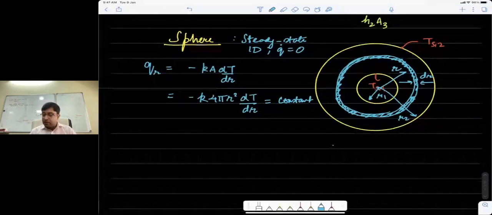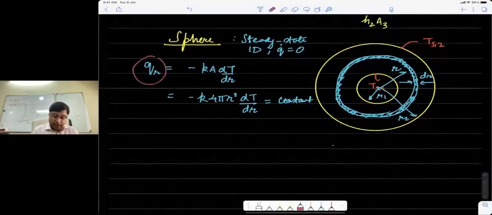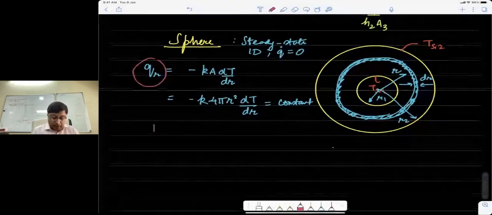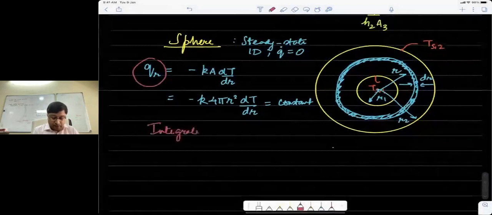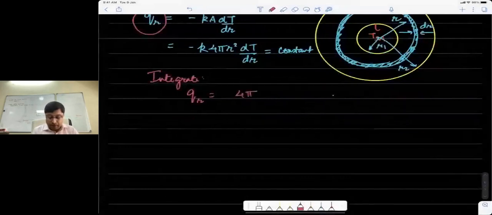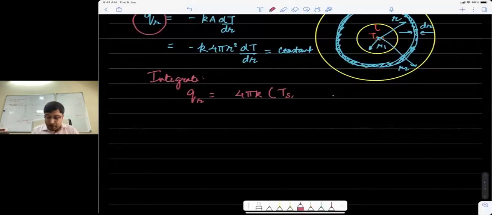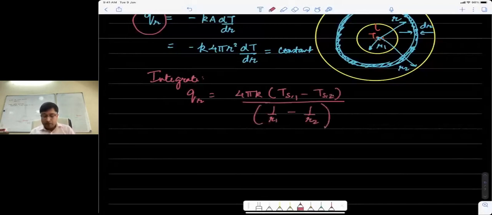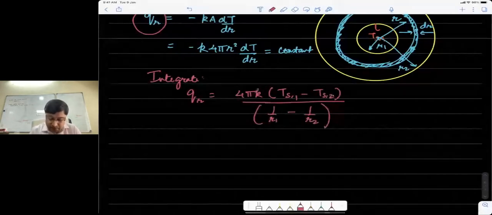So we can use this to integrate. Knowing that Qr is a constant, I can take the radial terms on one side, temperature terms on the other side, integrate and apply boundary conditions. If we do that, what we will get is Qr to be 4πK (Ts1 minus Ts2) by (1/R1 minus 1/R2).